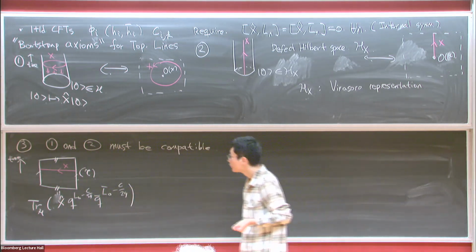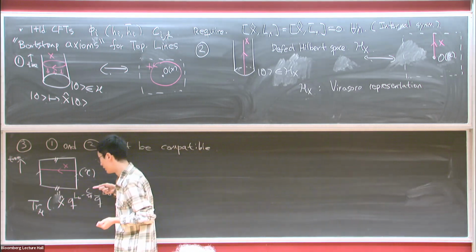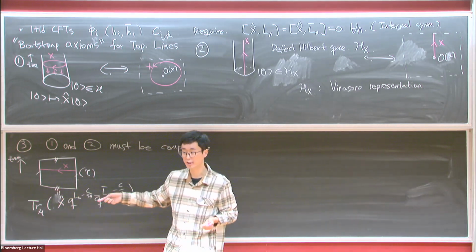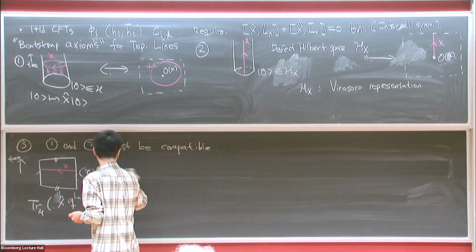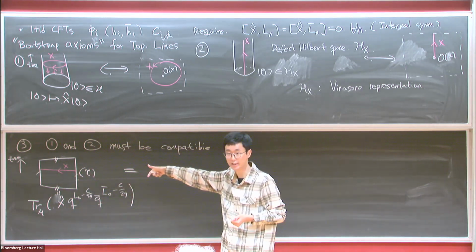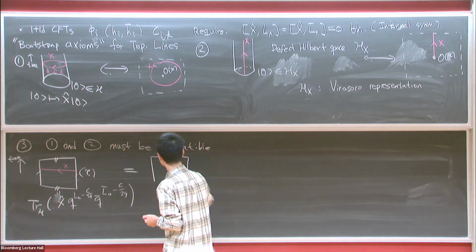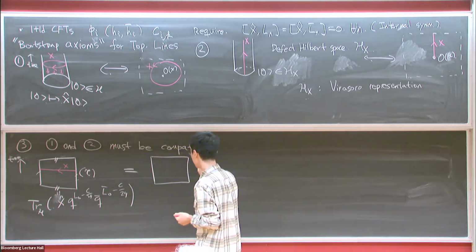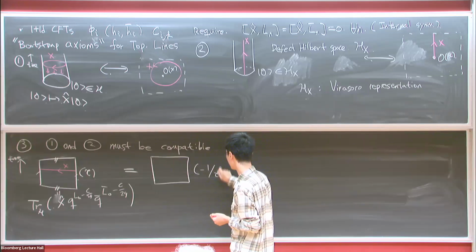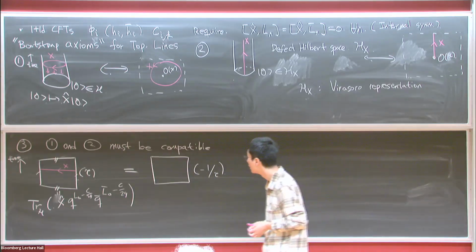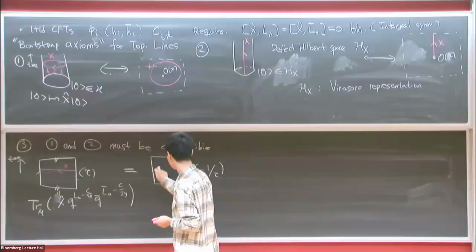Now, you want to be able to interpret this direction as a Euclidean time direction, as you can rotate the picture by 90 degrees. It means you are doing a modular transformation. So now you are at -1/tau complex modulus. The sides are identified.